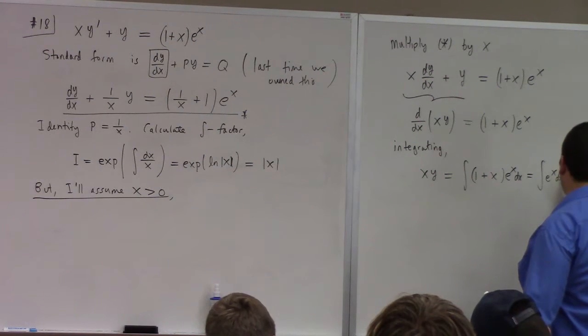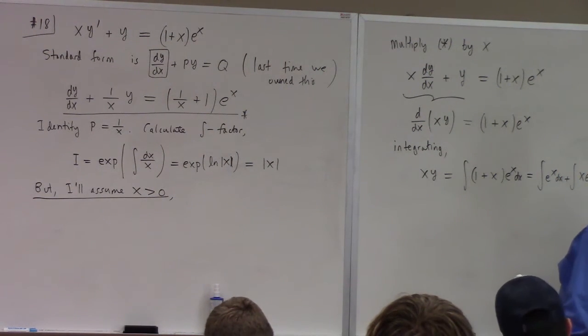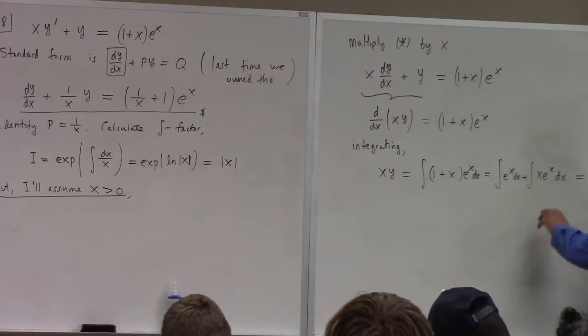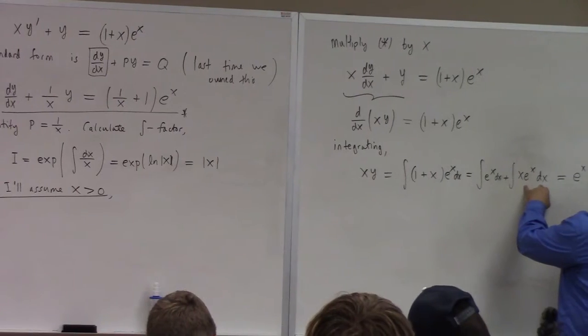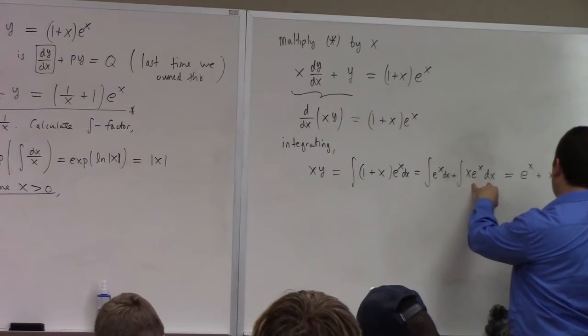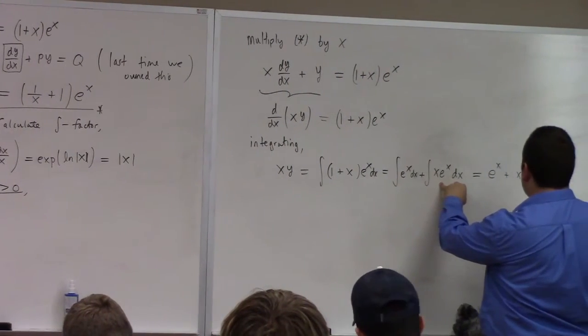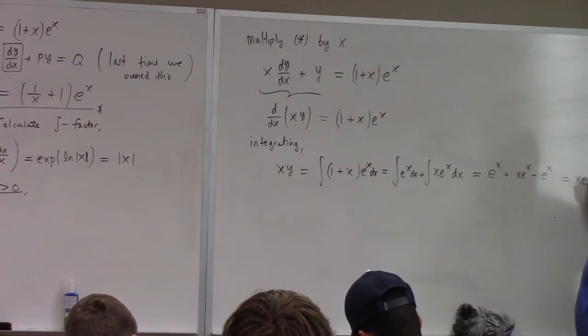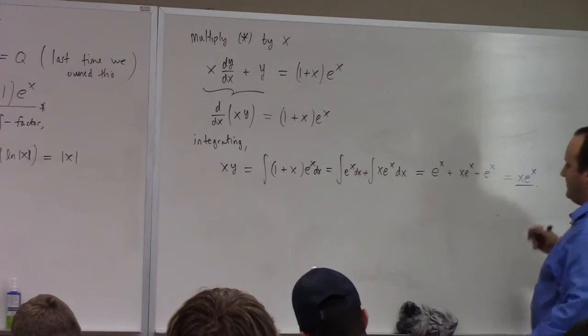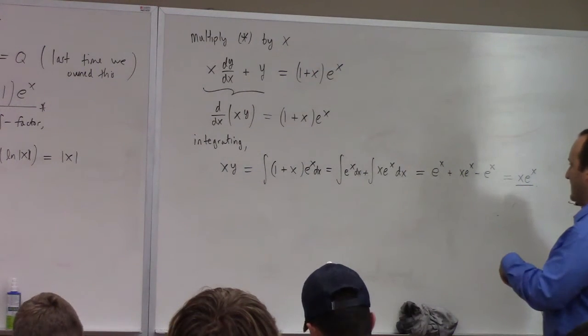Keep reading my dx's. Of course, this is integration by parts, but I think we've done it before. Maybe you remember it. That's x e to the x minus e to the x, isn't it? So in total, x e to the x, plus a constant, right?